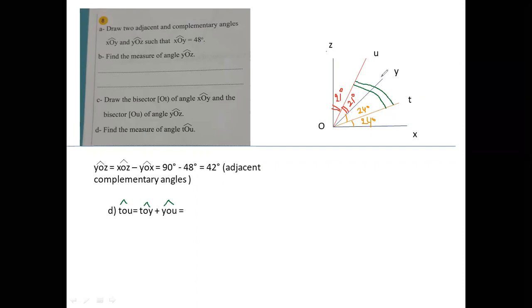TOY is half the angle XOY because OT is the bisector of angle XOY, so XOY over 2, and YOU is half the angle ZOY because the bisector OU divides the angle ZOY into half.